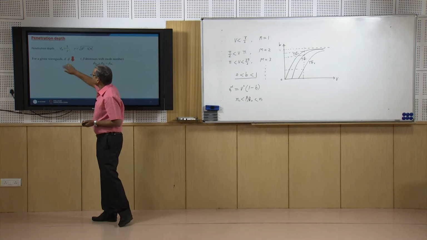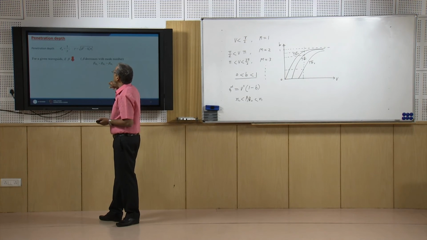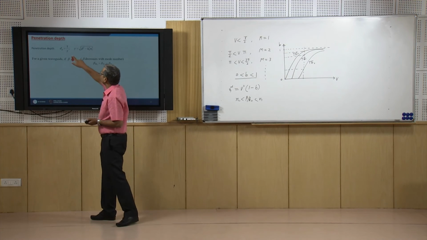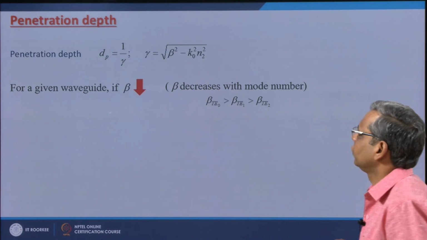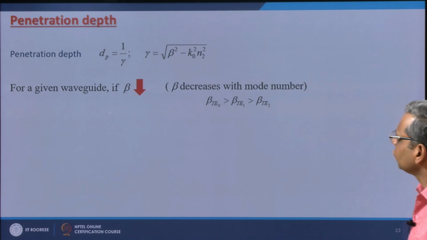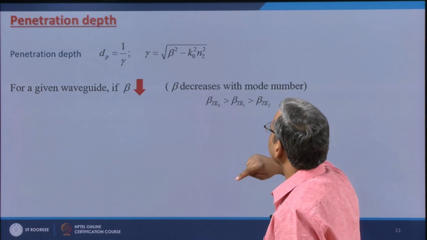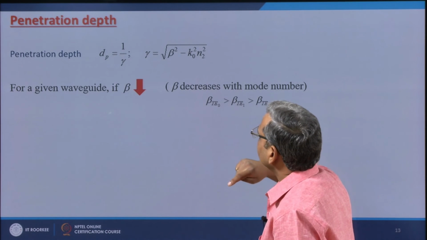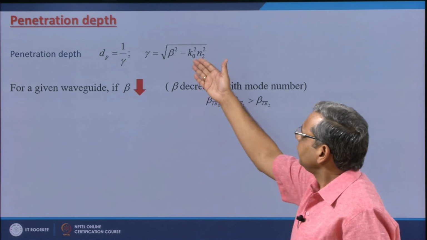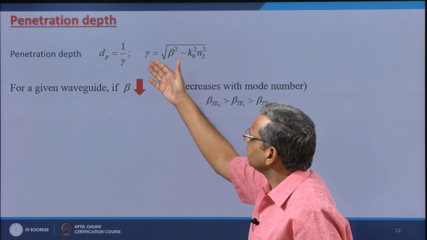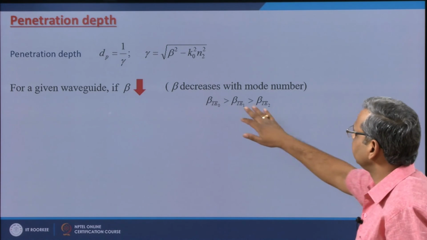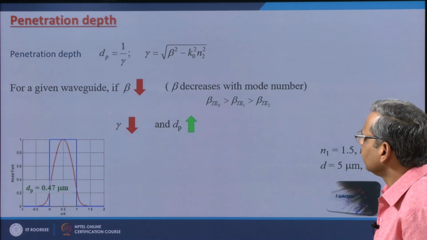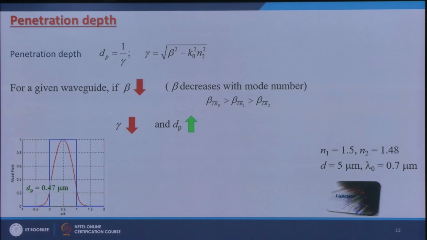For a given waveguide, if beta decreases, because penetration depth is defined by 1 over gamma, and gamma is equal to the square root of beta square minus k naught square n2 square, then if beta decreases, gamma decreases, which means penetration depth increases, and beta decreases with mode number. That is why the penetration depth increases.